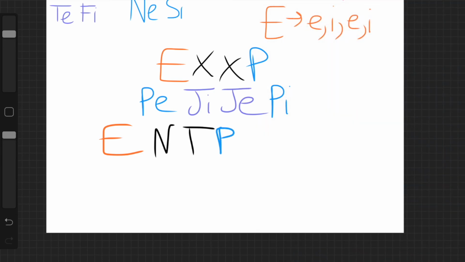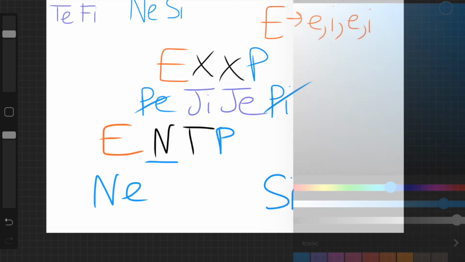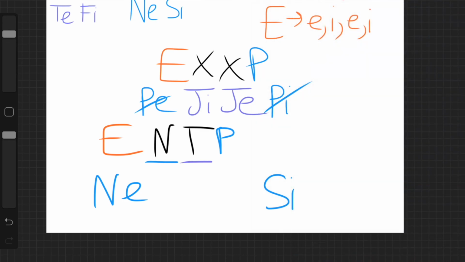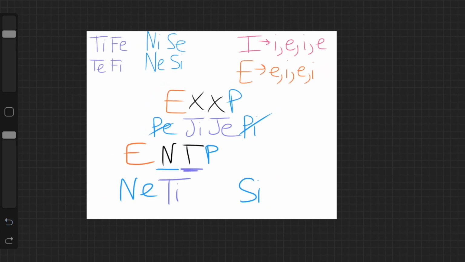We know the first function has to be extroverted perceiving, and this is an intuitive type, so it has to be Ne, so the inferior must be Si. So we have those done. The introverted judging function has to be introverted thinking, because this is a thinker, and we're in this axis here, so that must be followed by Fe. So there we have it.